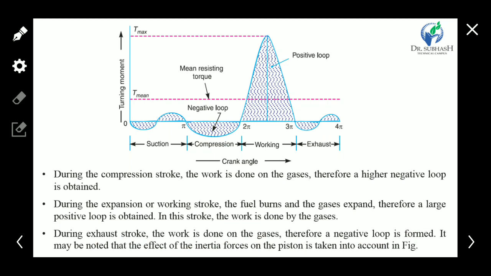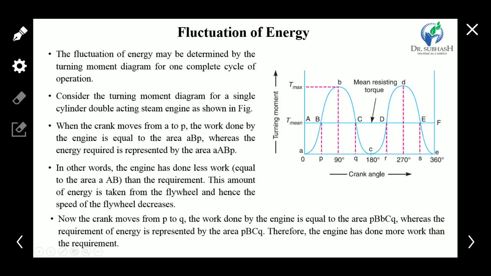Okay, clear? So the turning moment diagram clearly gives the idea of how energy is generated and consumed during each stroke and at each moment of the crankshaft. Now see the fluctuation of energy.